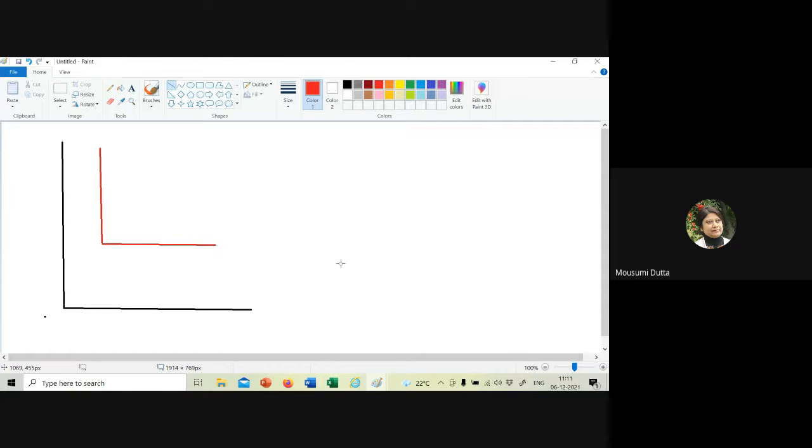So this is the L-shaped indifference curve. Now I can draw a straight line like this. This green line passing through the origin is indicating the proportion at which the two commodities X1 and X2 will be consumed.